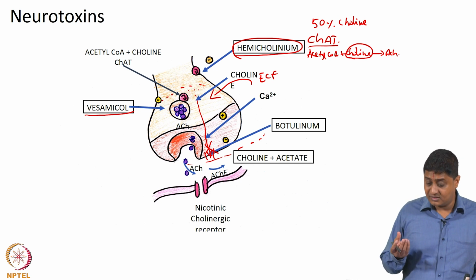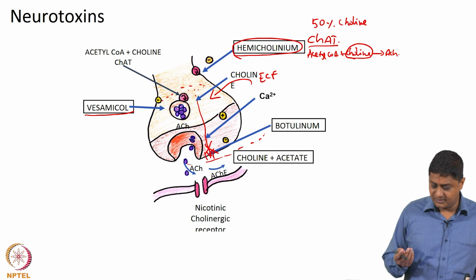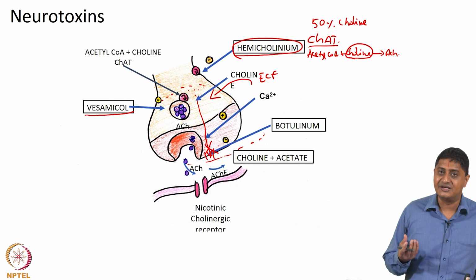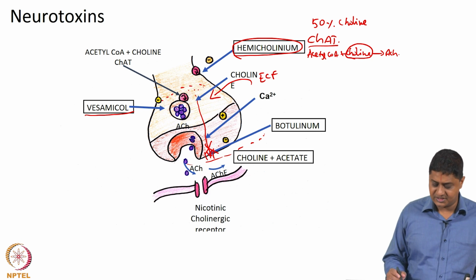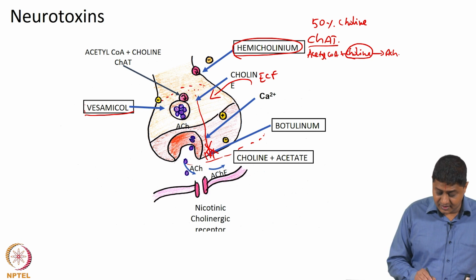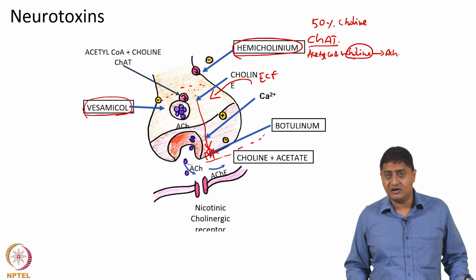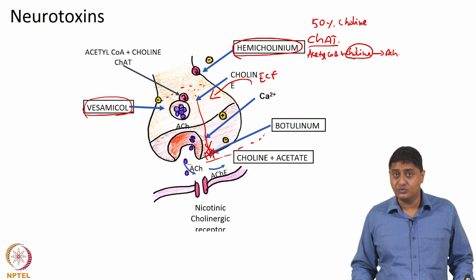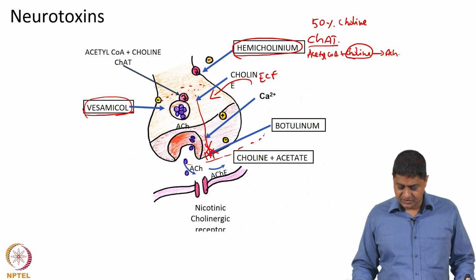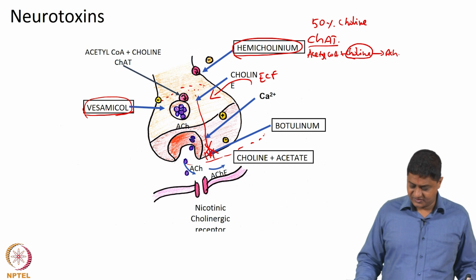When acetylcholine is not packed into the synaptic vesicles, then it is not possible for acetylcholine to be released from the presynaptic terminal to the postsynaptic terminal. So this chemical, vesamicol, actually prevents packing of acetylcholine into the vesicles. So, this is the other situation.